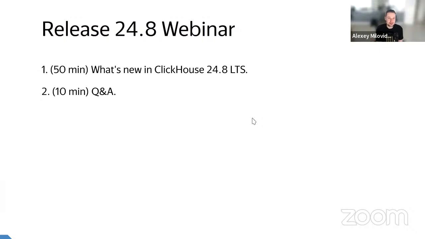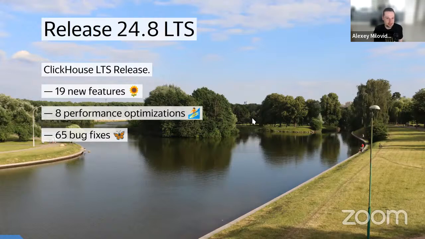It is the ClickHouse August release. It has a lot of interesting stuff. So let's start. We have 19 new features, 8 performance optimizations, and over 60 bug fixes.